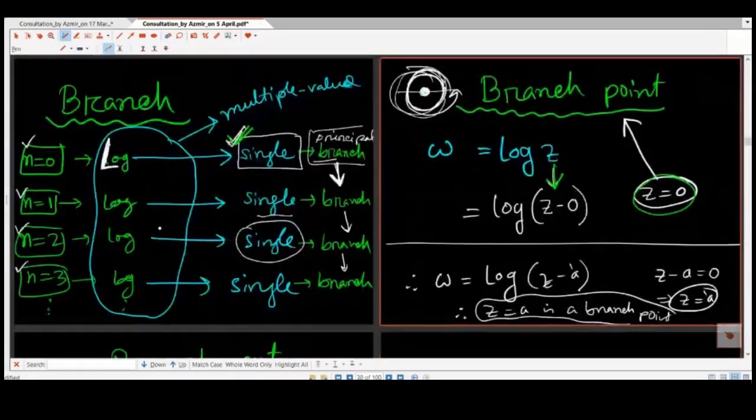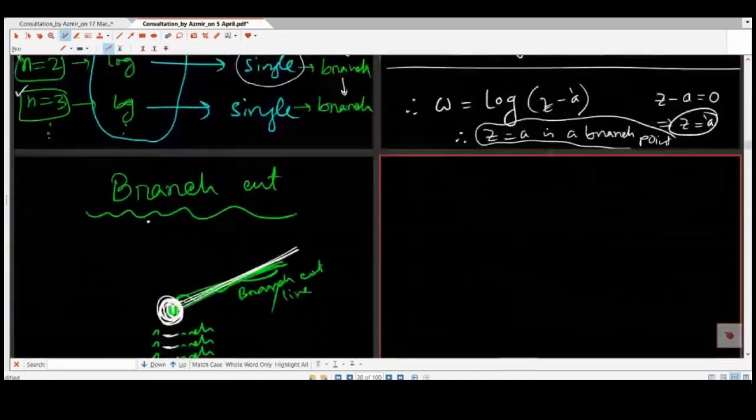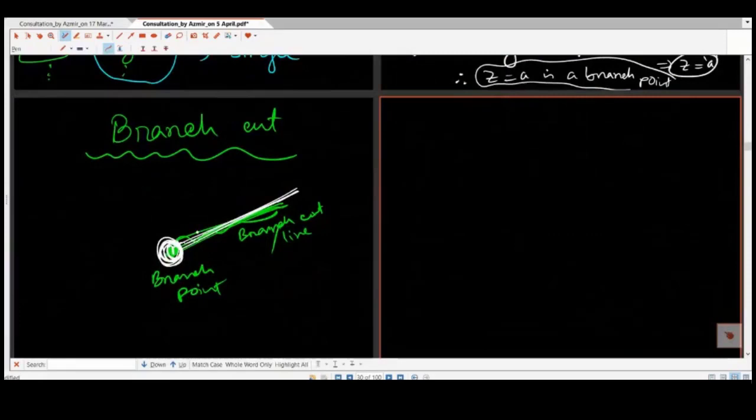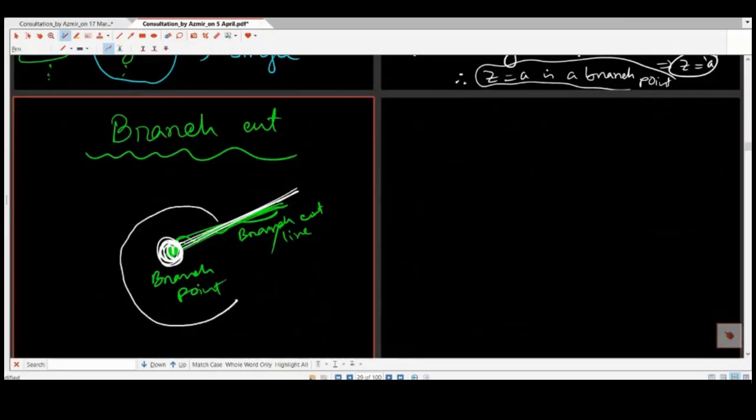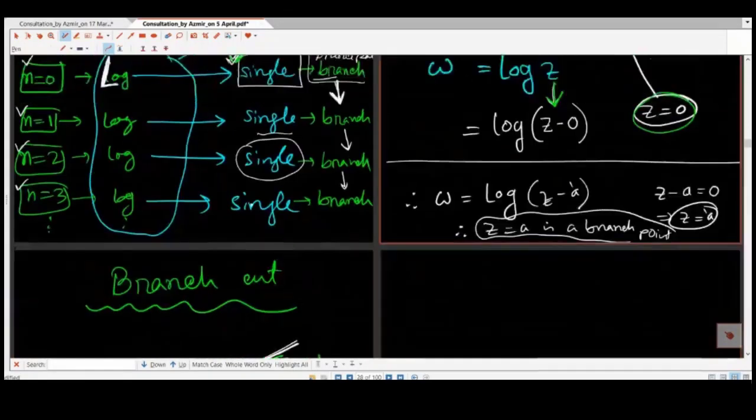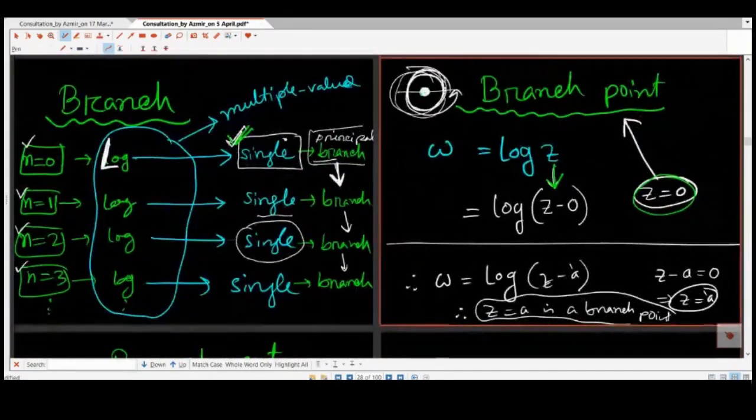Whenever we have a branch cut, we need to understand that we have to come in such a way so that we don't cross this cut. Then only it is possible to have only a single function.